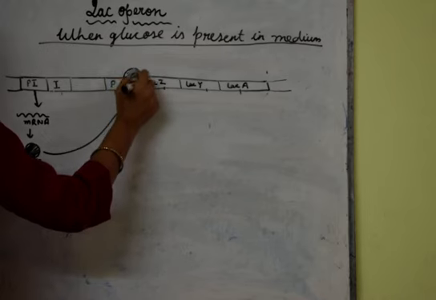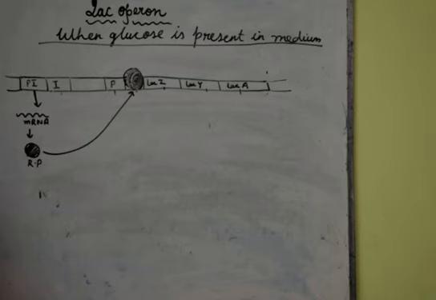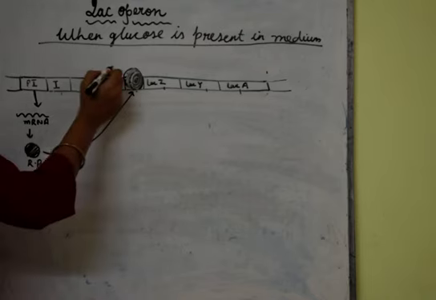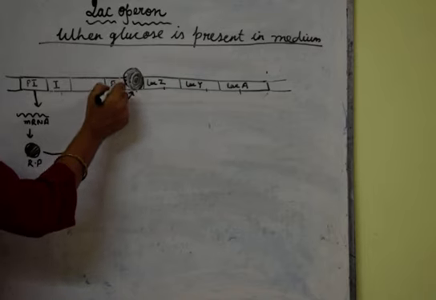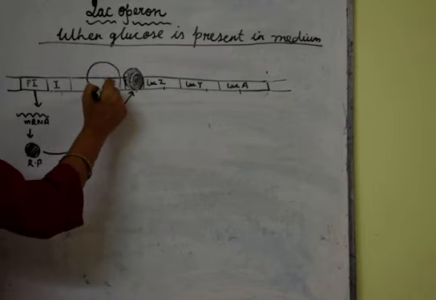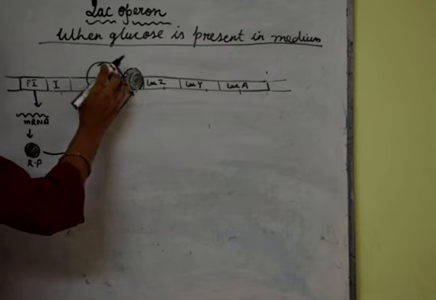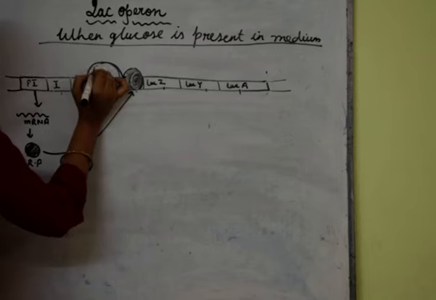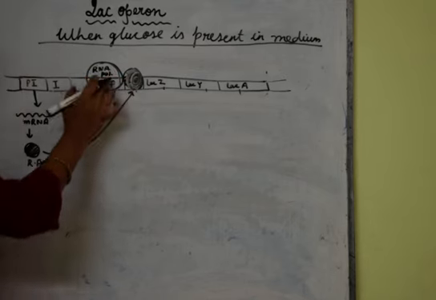RNA polymerase binds at the promoter region.